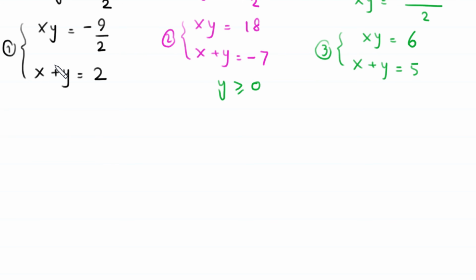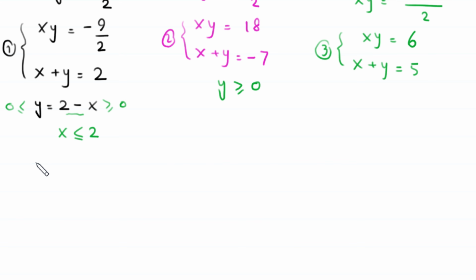First we solve this system number 1. Move this x to the right hand side, then y will be equal to 2 minus x. Since y is greater than or equal to 0, this 2 minus x must be greater than or equal to 0. The domain of the equation will become x must be less than or equal to 2. And in this equation we replace this y with this 2 minus x.